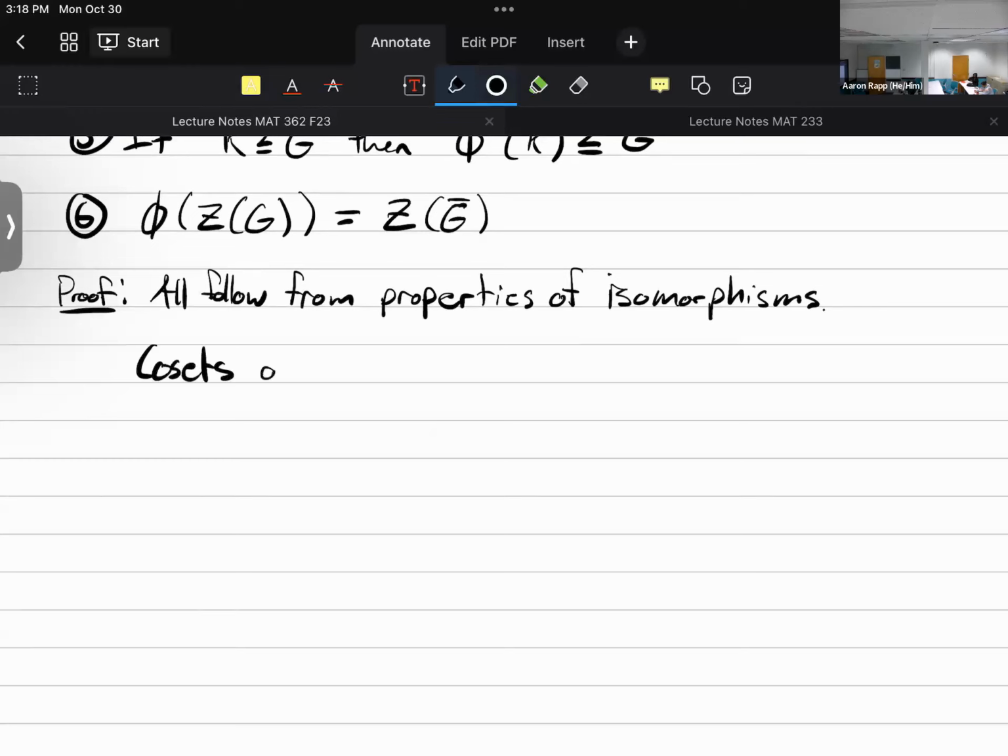And cosets and what results from them, which is Lagrange's theorem, give us a lot of insight into what are the possible types of subgroups that I can have.